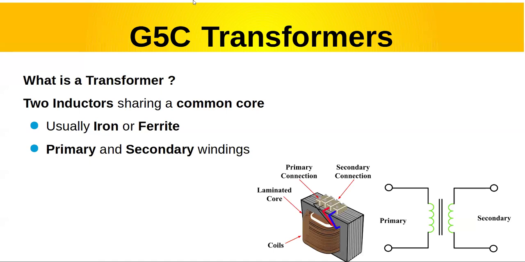Transformer. Basically, it's 2 inductors with a common core. It could, I guess, even be air core. In most cases, it's going to be some kind of a high permeability core, like a power transformer, usually laminated iron to reduce the eddy currents, or it might be a toroid made with ferrite, could even be powdered iron.